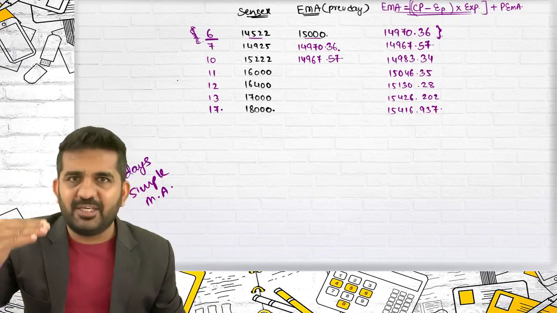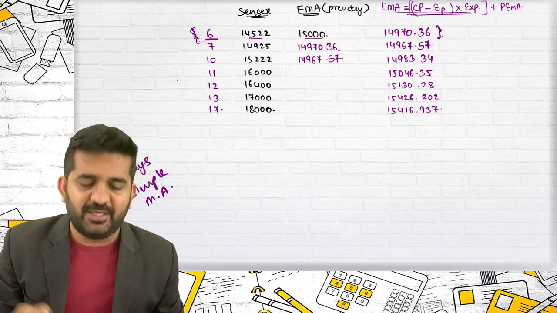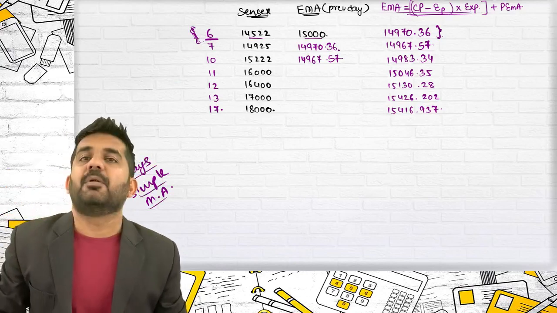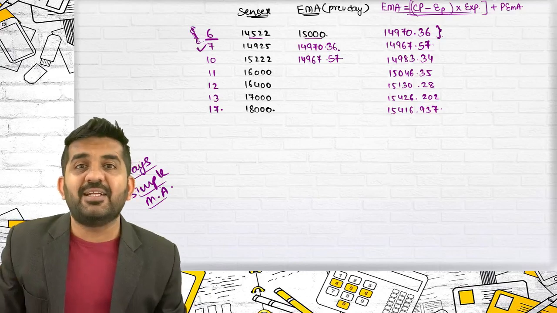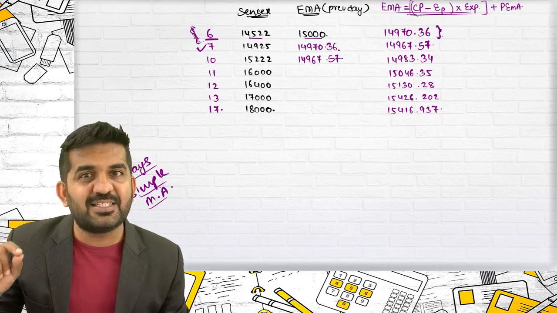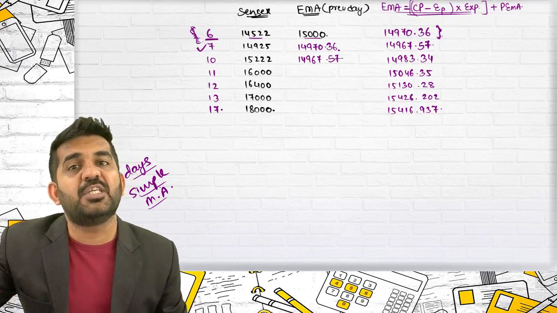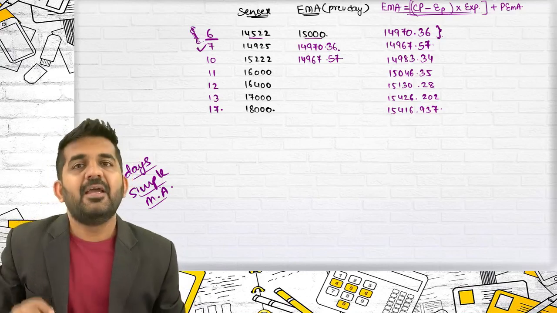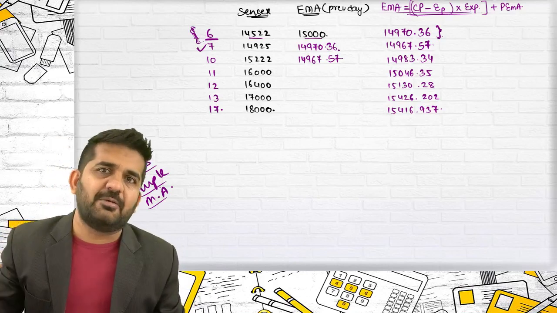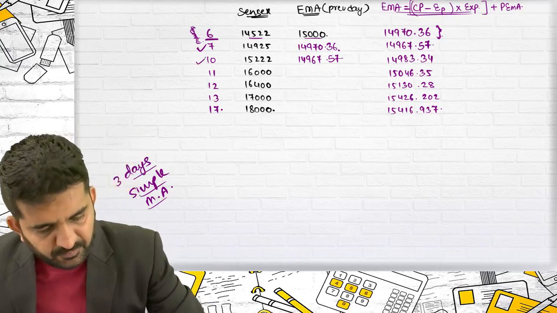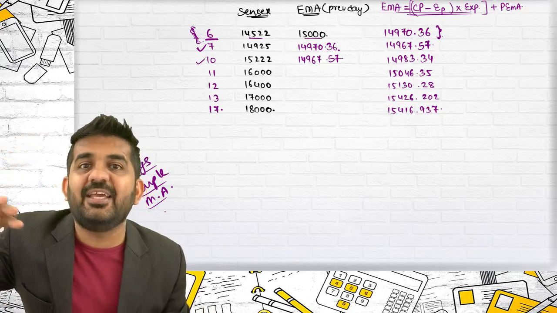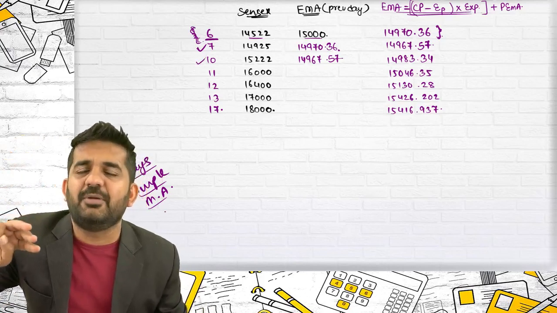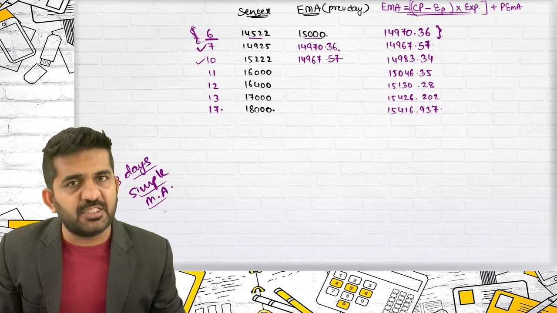So all 3 prices divided by 3, that is nothing but a 3 days simple moving average. So on the 7th date, the 5th, 6th and 7th date closing prices will be taken, added and divided by 3 to get the simple moving average. On the 10th date, again the last 3 days closing prices will be taken and averaged. That is nothing but simple moving average.